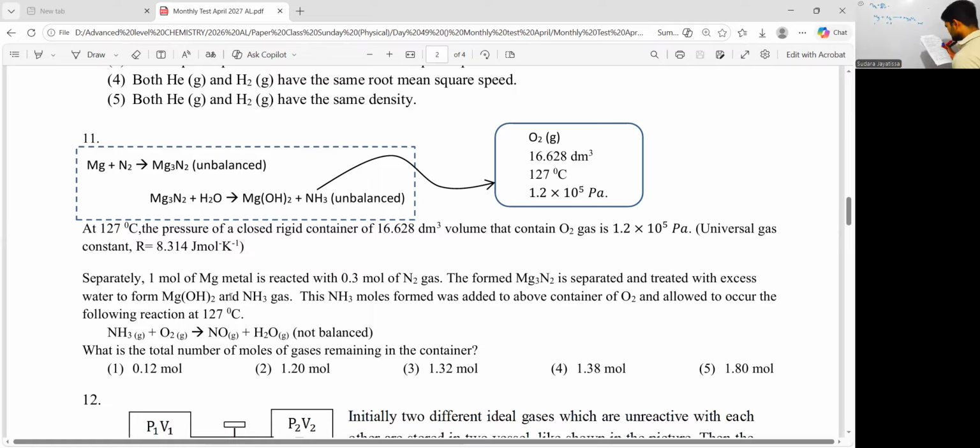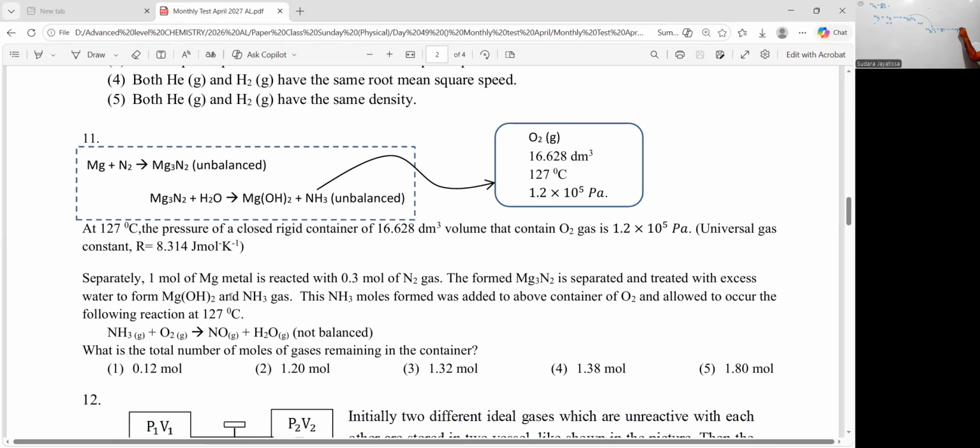And then it says the formed Mg3N2 is reacted with excess water. So then you need the reaction between water and it, S-block theories are also needed. The question is telling that it is forming magnesium hydroxide and ammonia. In S-block you learn these things.